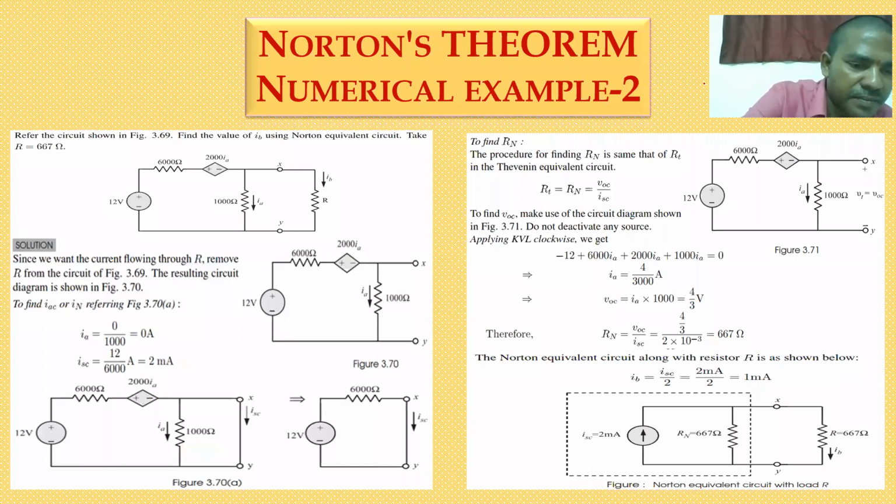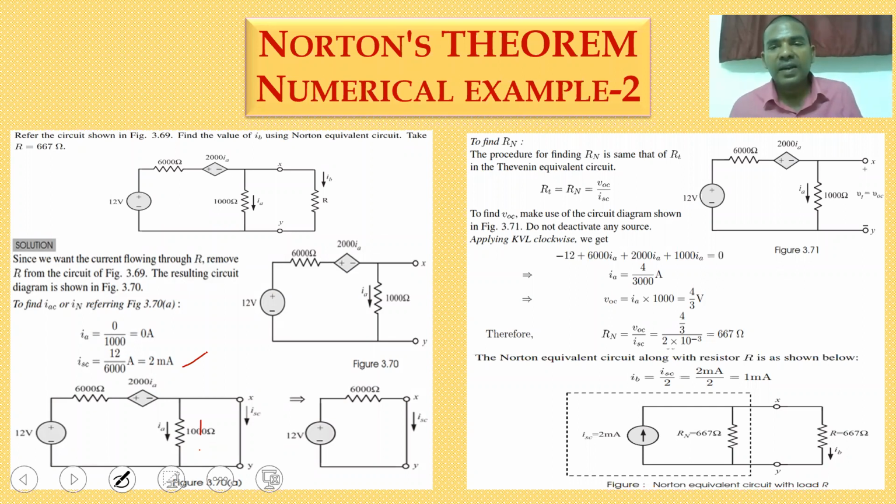So finally the ISC value is 12 divided by 6000, so you can get 2 milliamperes. For finding the Rn, the Rn value is VOC divided by ISC.